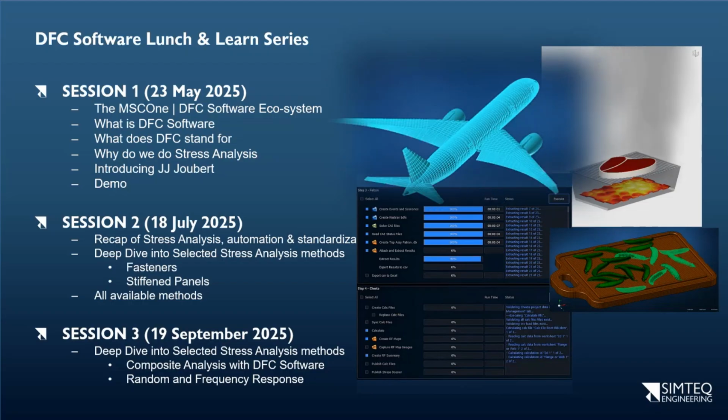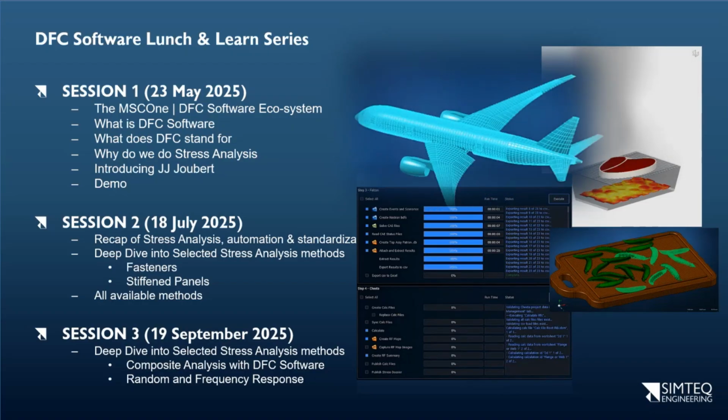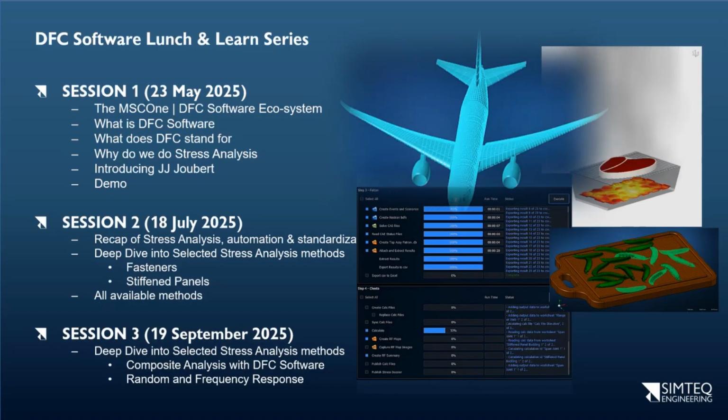We used the typical examples of fasteners and stiffened panels to demonstrate and explain the workflows in DFC, both of which are very much used in aerospace structures. Today we will cover two additional examples that we find both in aerospace and space applications.